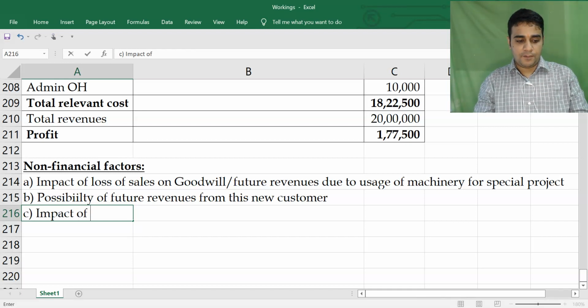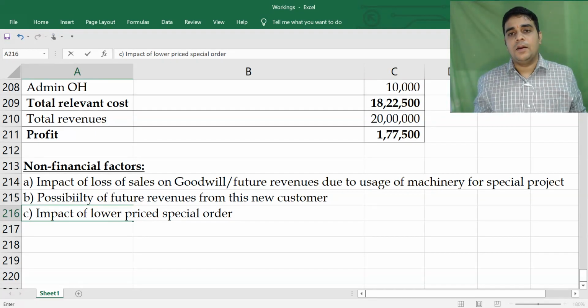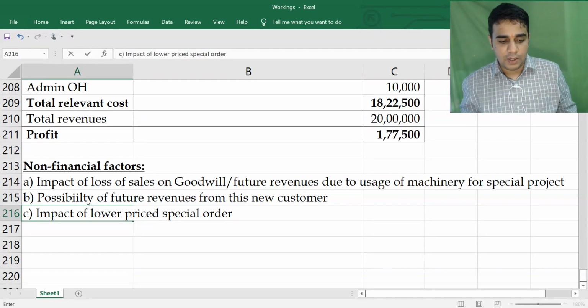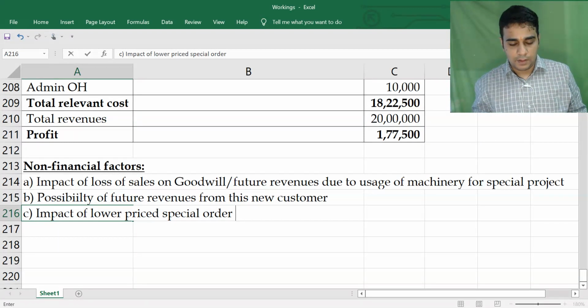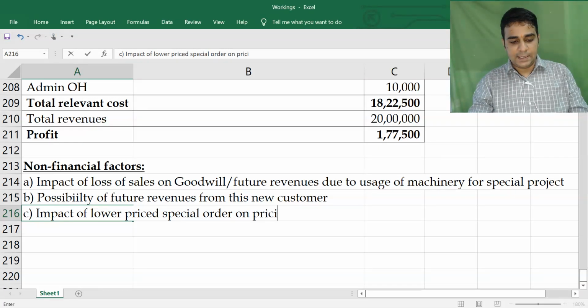Impact of lower priced special order on pricing with other customers.